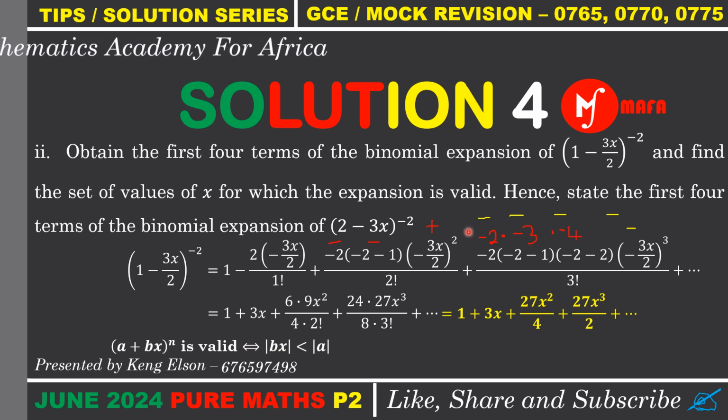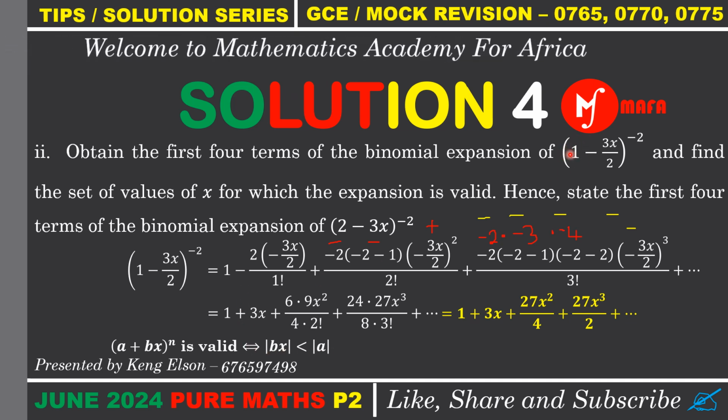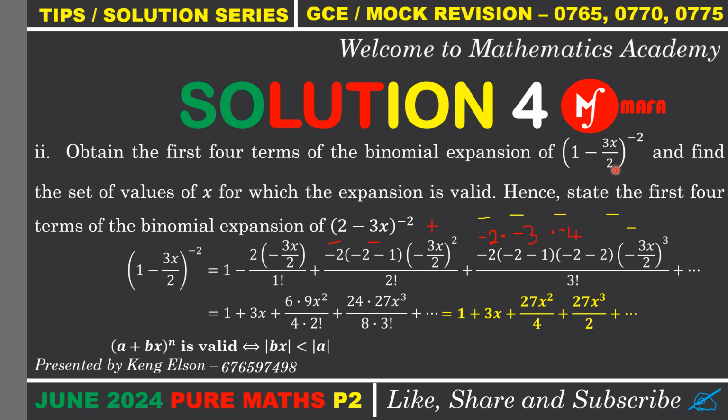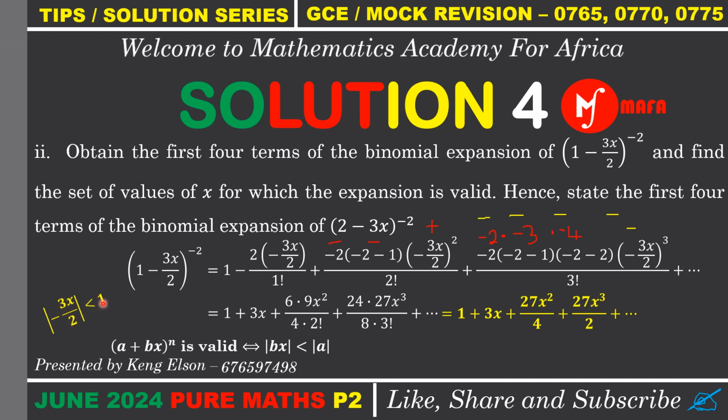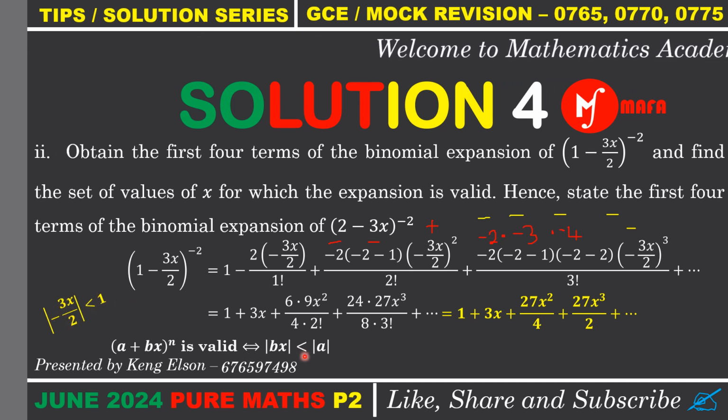So in this case, we realize that our a is 1 and our b is negative 3x on 2. So for our expansion to be valid, we need that the absolute value of negative 3x on 2 is less than the absolute value of 1, which is just 1 because your a is 1.